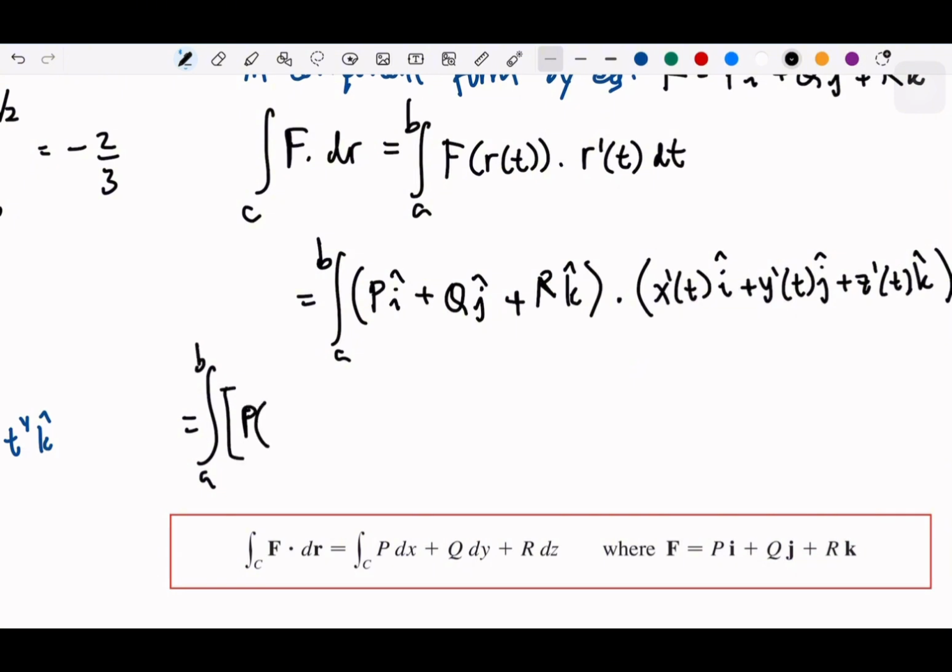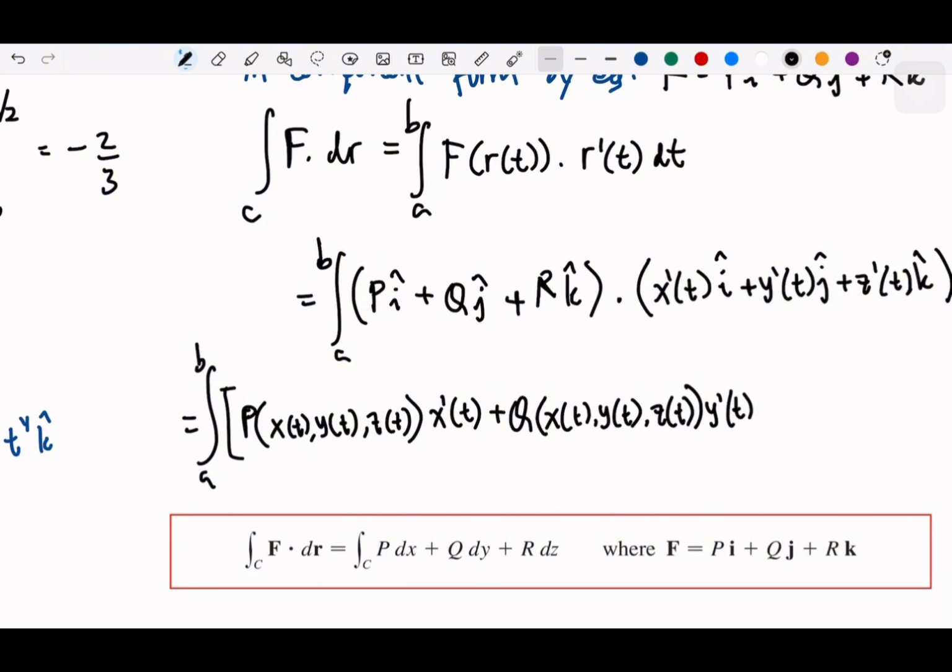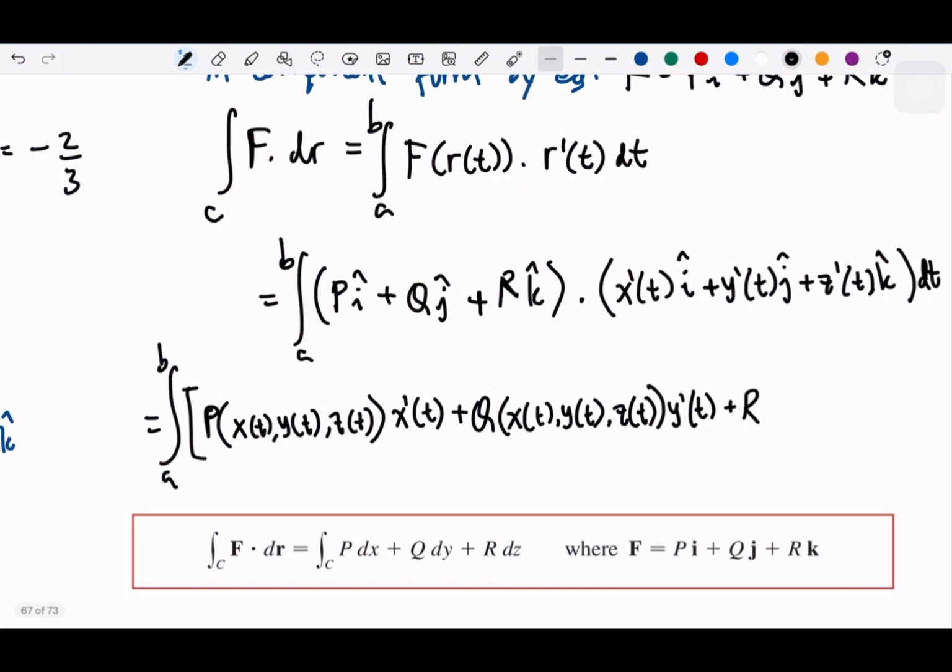So P of x(t), y(t), z(t), and then multiply with the x prime(t), and plus Q of the same, and then multiply with the y prime(t), plus R at this parametric, and multiply with the z prime(t).